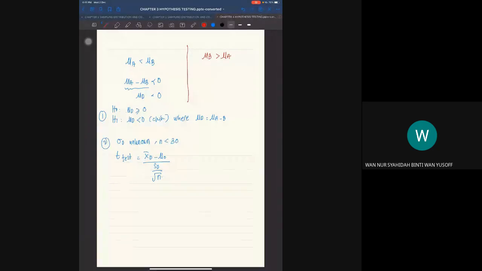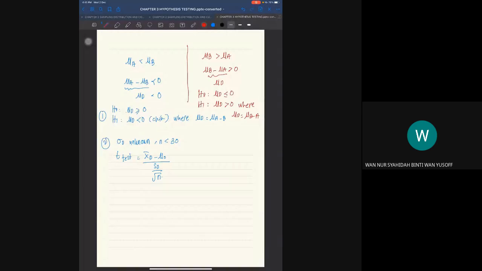Okay, so another hypothesis that you can write, mu B greater than mu A. So mu B minus mu A greater than 0. So this is your mu D. Okay, so another hypothesis that you can write, mu D greater than 0, mu D less than or equal to 0, where this mu D is mu B minus A. Okay, so for the data different, it has to be B minus A, before minus after.